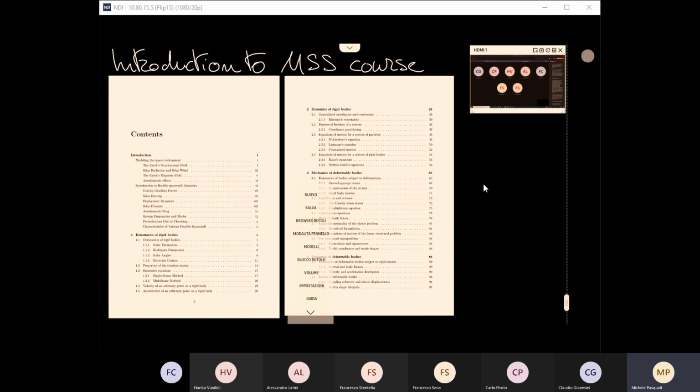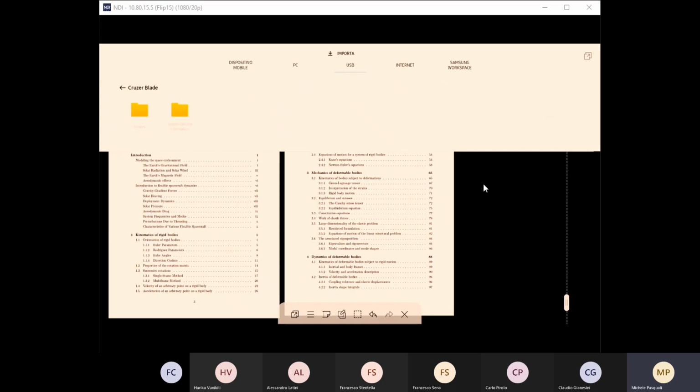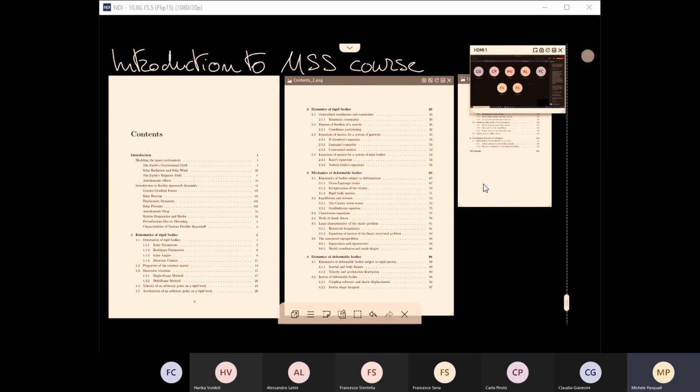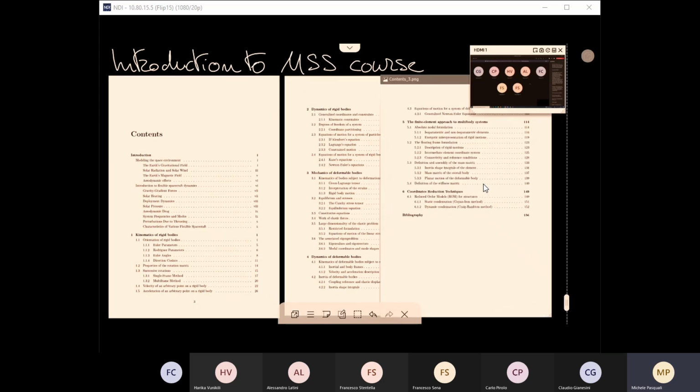And then there will be the final part of the course, which will deal mainly with the finite element approach. So there's going to be a numerical part. And eventually, in the very last part, we will also see some ROM models, so reduced order models, in order to be able to reduce the number of parameters that we will need to describe a model.